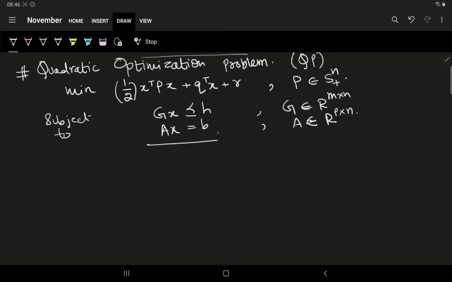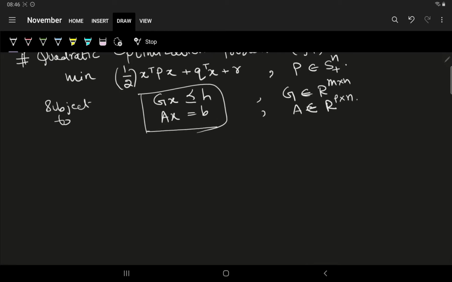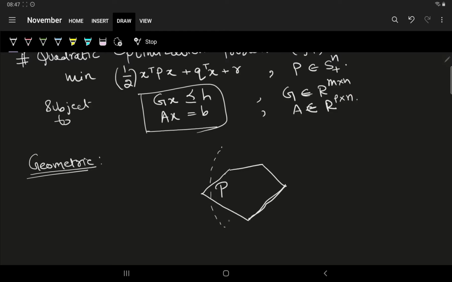So we can see that the feasible set will be like a polyhedron. Geometrically, the feasible set P is still a polyhedron.